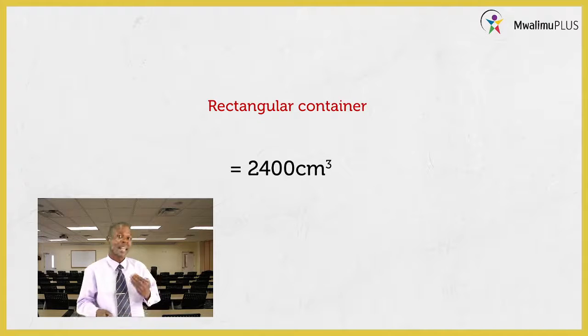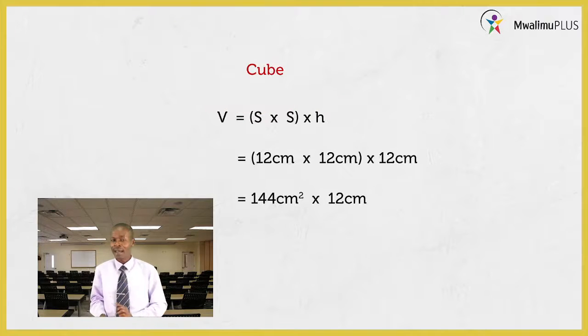Let's move to the next container. The next container was a cube, and you realize that a cube has got all its sides equal. Therefore, the length, the width, and even the height will all have the same units. So, if one side is given as 12 centimeters, then the other two also should measure 12 centimeters each.